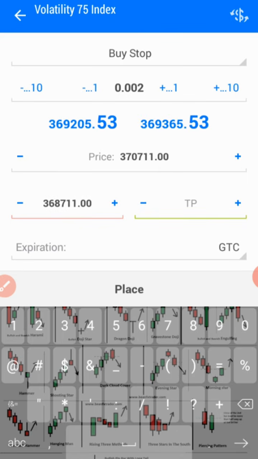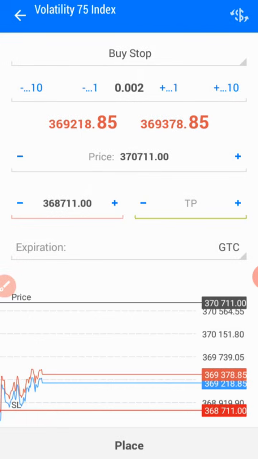For $1, for 0.001 lot size, to lose $1, you subtract 1,000 from your entry price. Now I use 2,000 because I'm using 0.002, because 2,000 will be $4 if the trade goes against me. I'm not setting TP now because I like to trade stop.